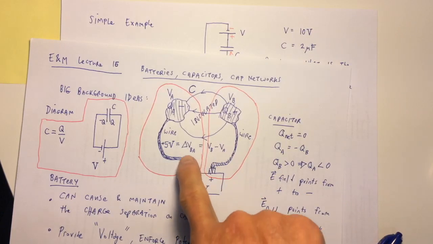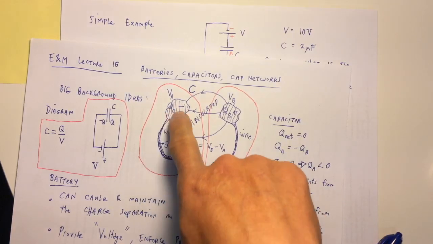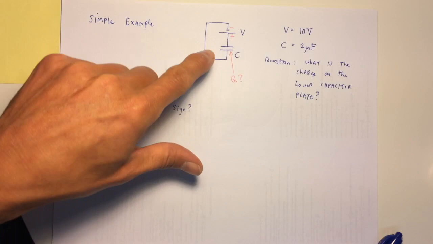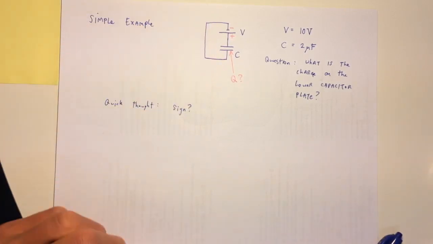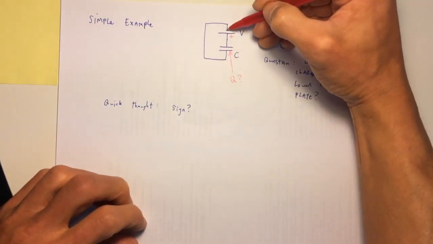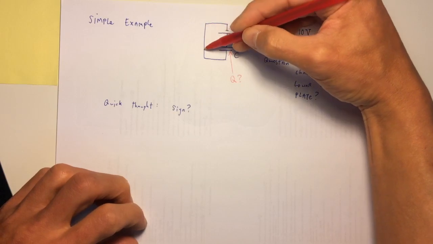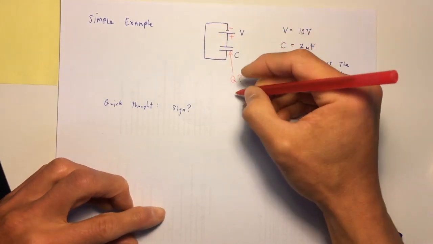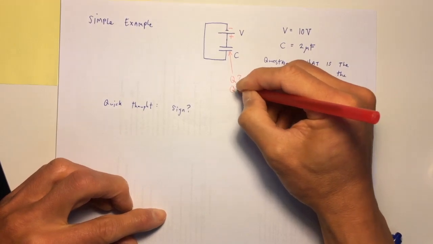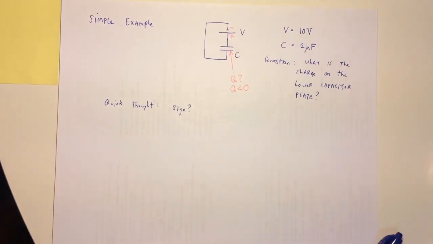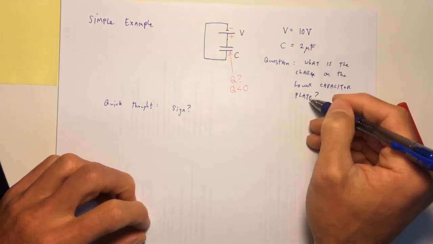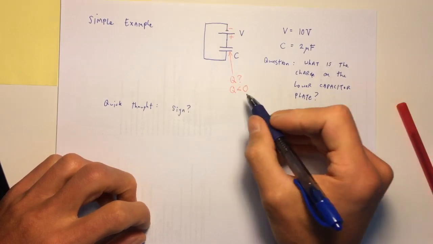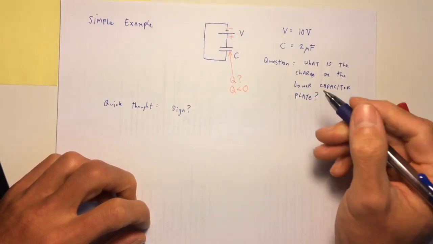So whatever is connected to the negative terminal is the negative side. Can you see that by a wire, the negative terminal is connected to this lower plate? So one of the things I can say immediately is Q is less than 0. That's the negative side. Now let's figure out the actual charge. We know the sign; we expect it to be negative.